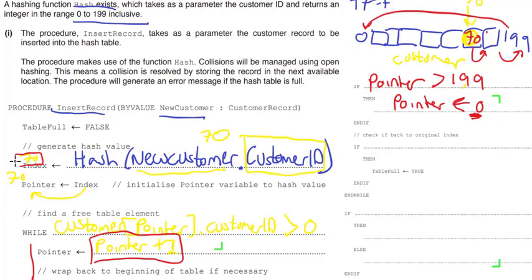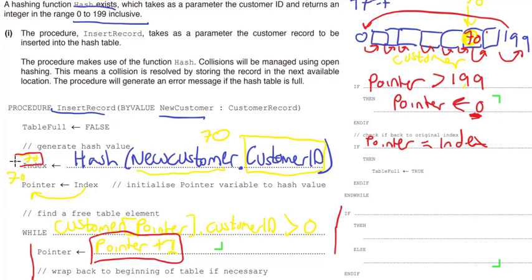Let's imagine that 70 is full, 71, 2, 3, 4, everything's full up to 199. So I'm going to go back to 0 and it's going to check these. When it gets to 70 again, we then know the table is full. So if our pointer equals the index, then table is full.